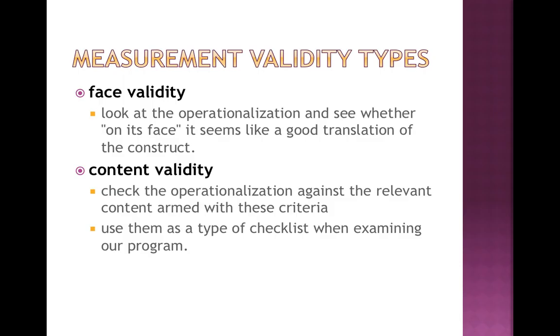Another type of validity is face validity. When you're looking at a measure, a scale, does it look like it's covering all the stuff in the construct? Let's go back to our happiness scale, and say we have 3 items. Are you happy today? Are you happy most days? Are you happy with your major? If you're just looking at this 3-question scale, does it seem like it measures happiness in a social work program?